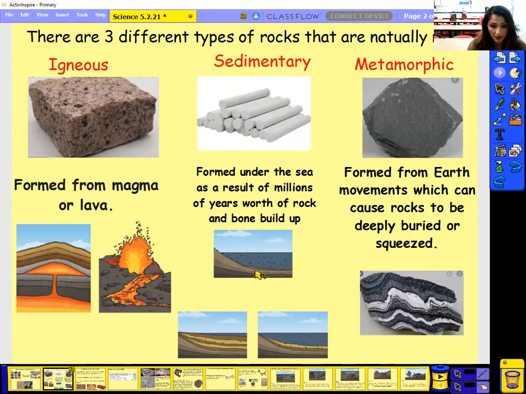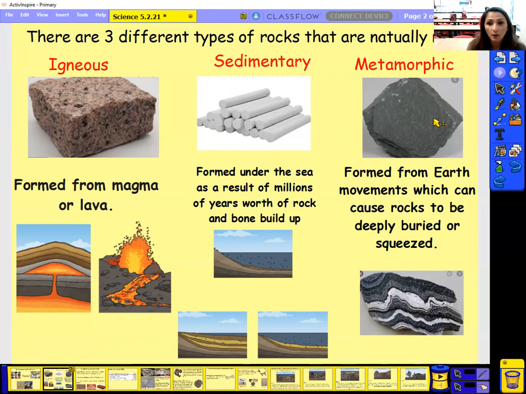As you can see in the pictures, over the millions and millions of years, it's built up layers of rock, soil, bones, and eventually we start to mine it, and we start to discover things in it. I also mentioned last week that this is how fossils are made, and that's what we're going to be focusing on today.